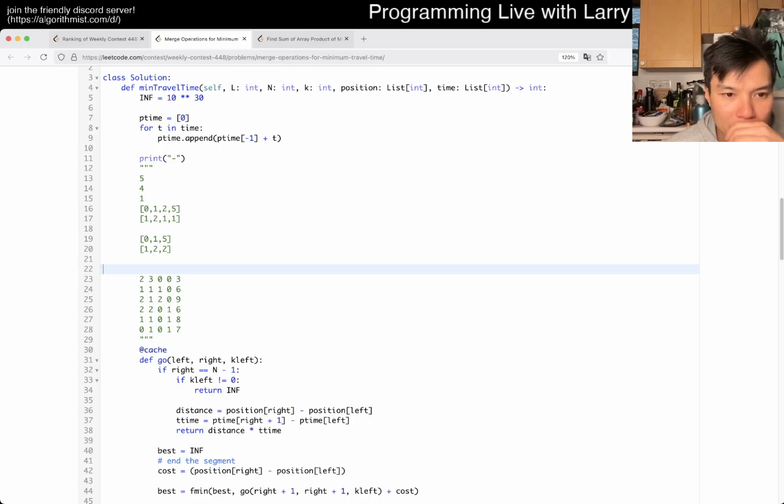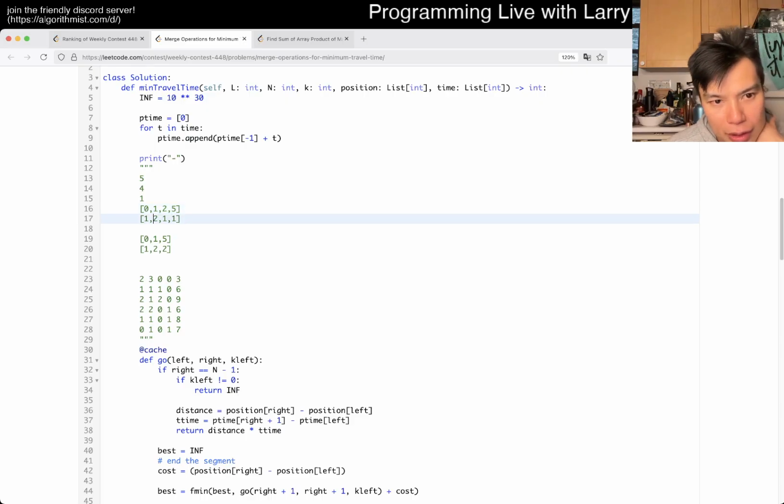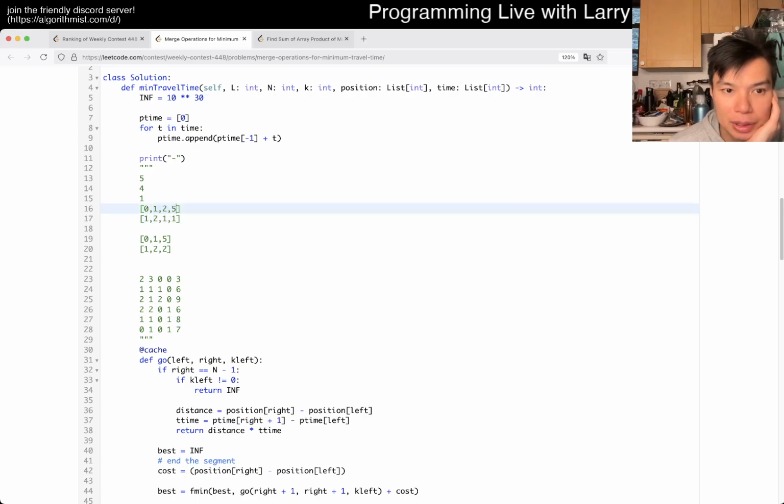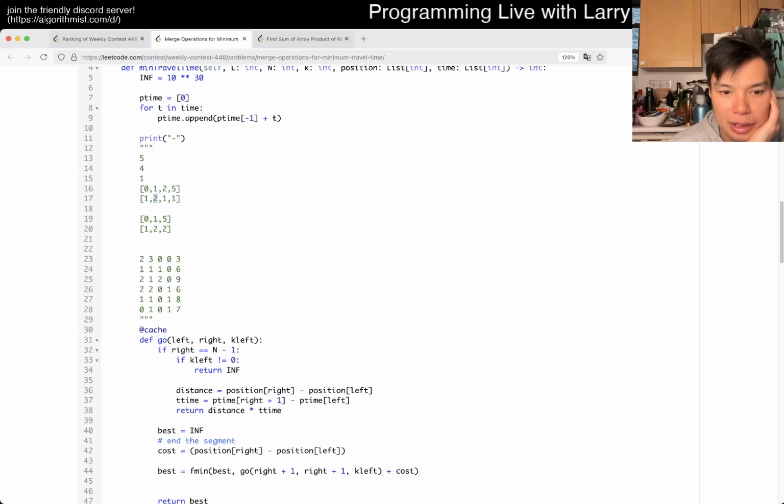So when we merge these two, what does that mean? That means that this is the dominating number, so if we merge these two to create a segment, the speed doesn't change. So this is not right.